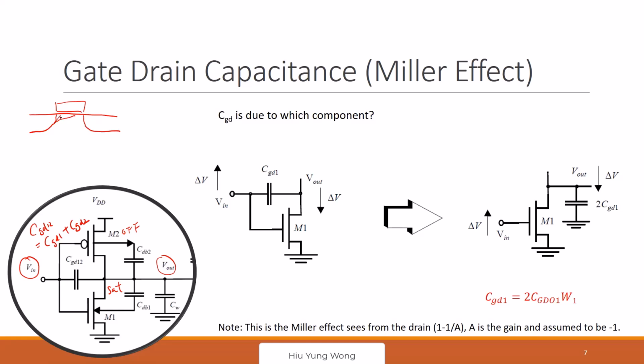In saturation, we actually don't have capacitance between the gate and drain, except we have an overlapping capacitor, CGDO. Remember? How about in the off state? Again, we don't have any capacitance between the source and drain, except the CGDO.